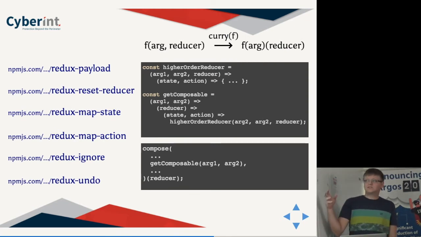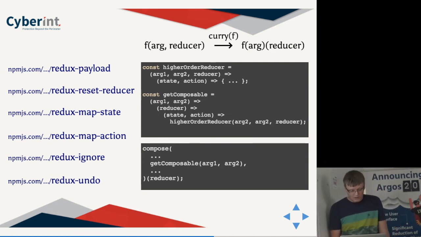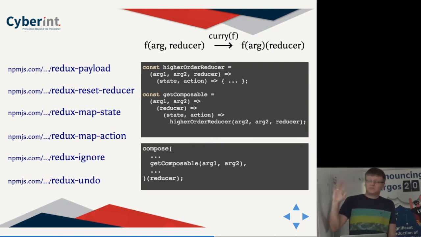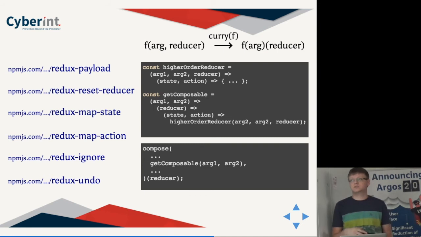Here is just an example list of which high order reducers you can find on NPM. Just for example, I will go over some of them. Redux payload just sets a state as payload on some specific actions. Redux reset reducer resets your reducer to initial state on some conditions.